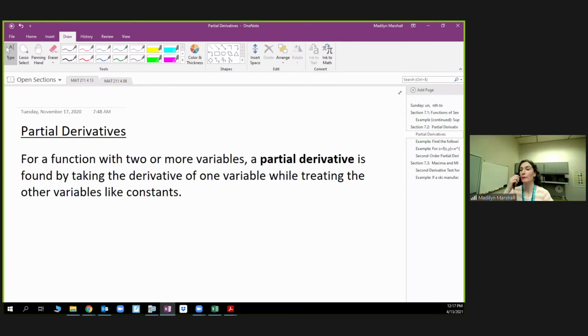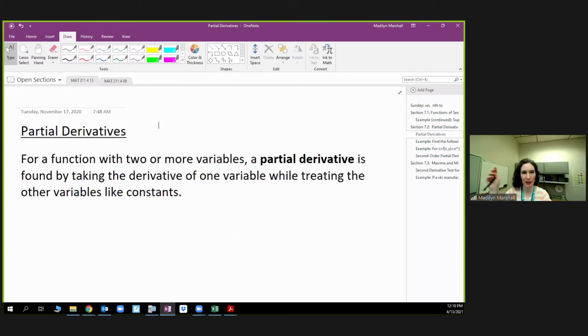Okay, so for a function of two or more variables, a partial derivative is found by taking the derivative of one variable while treating the other variables like constants. So constants, we see constants all the time. Usually they're numbers like 2. They can be multiplied to the variable we're looking at.